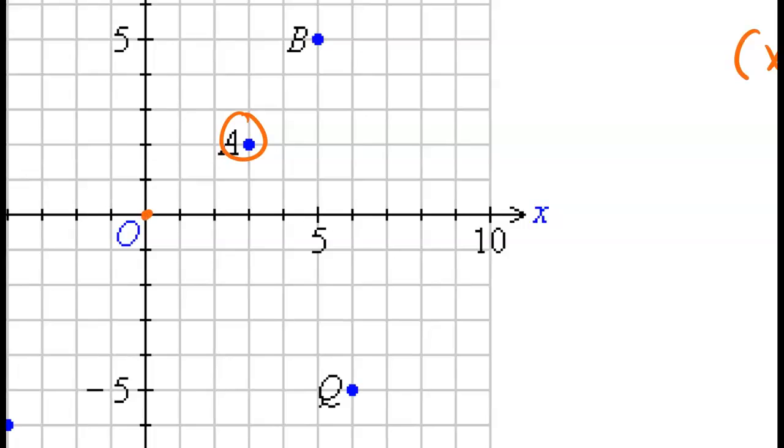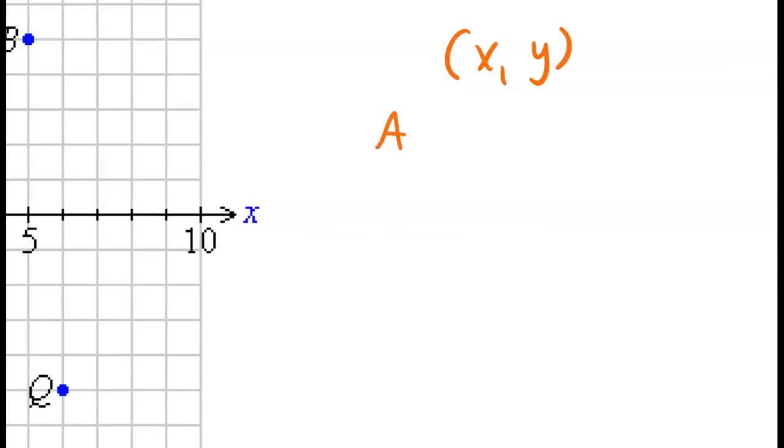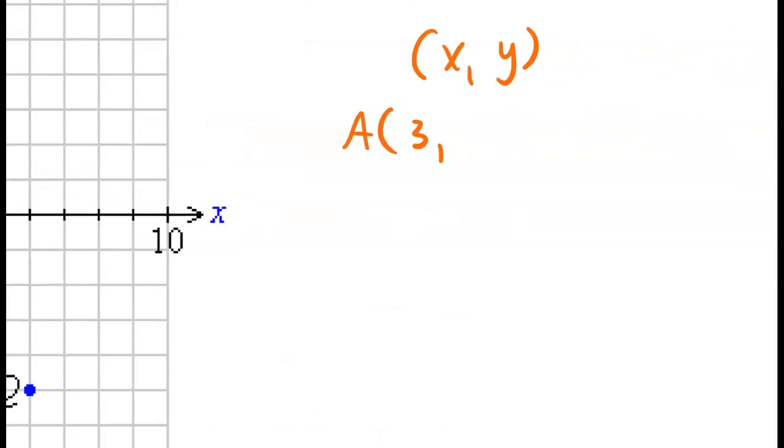We start at 0 and move to the right. We move 1, 2, 3. So for A, our x is going to be 3. Now for y, we move upwards, 1, 2. So y is going to be 2.